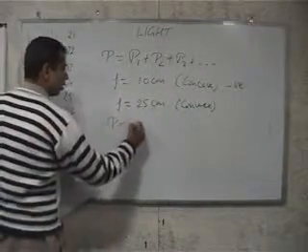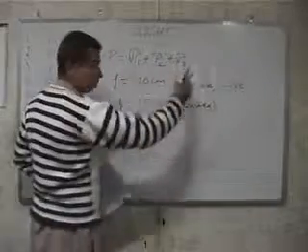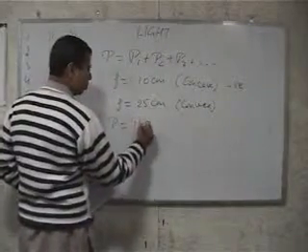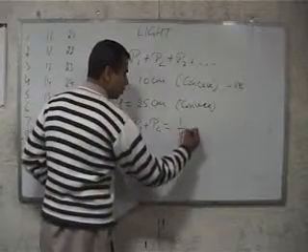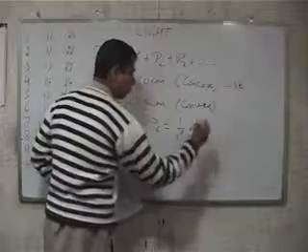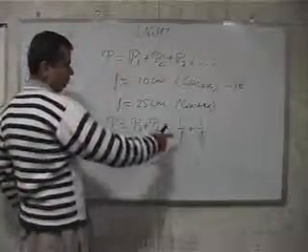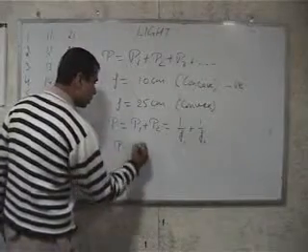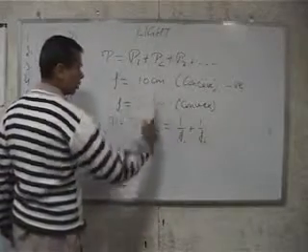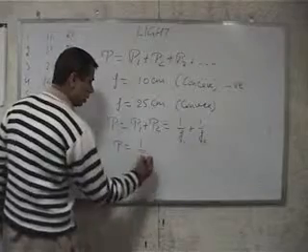Now we say that power is the sum of the individual powers. In this case this will become P1 plus P2, which should be 1 upon F1 plus 1 upon F2. And we have to express it in meters. So power is 1 upon, this is 10 centimeters.